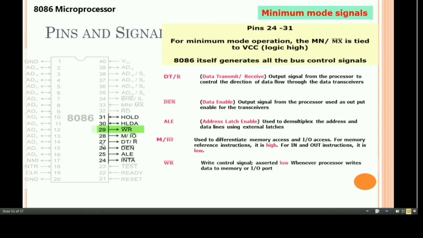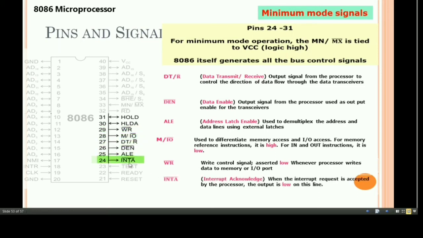Next is pin number 29, it is write bar. It is also an output pin. This is the write control signal for 8086. Whenever the processor writes data to memory or an IO device, this pin, that means pin number 29, is made low.